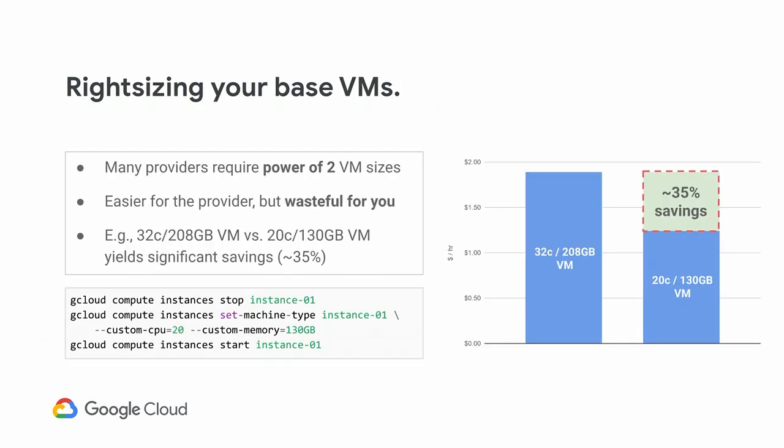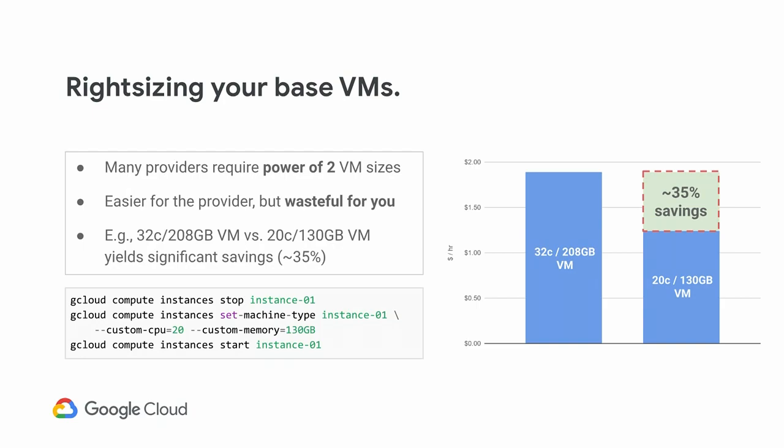Most predefined machine types are in shapes of what we call powers of 2. So that's 2, 4, 8, 16, 32, 64. The reason is that it makes bin packing on the cloud provider side really easy. So it's great for the provider, but it's not great for you because you're forced to pay for resources that you don't actually need.